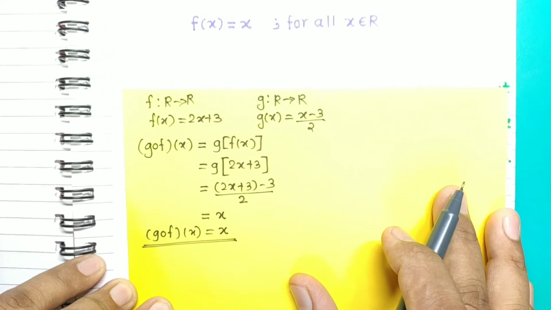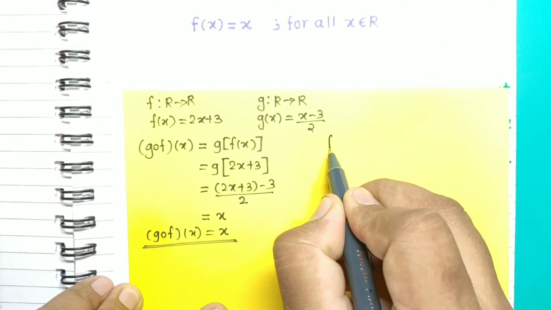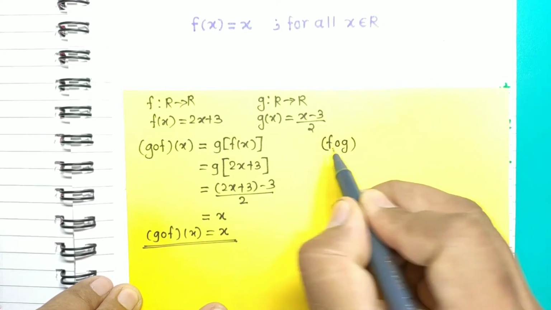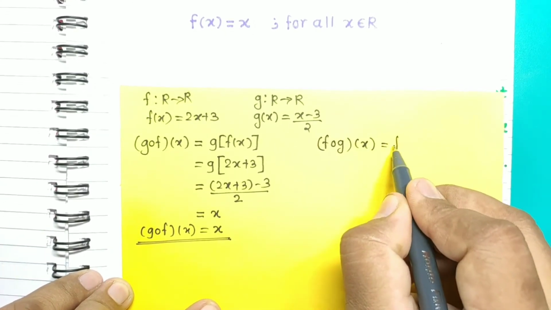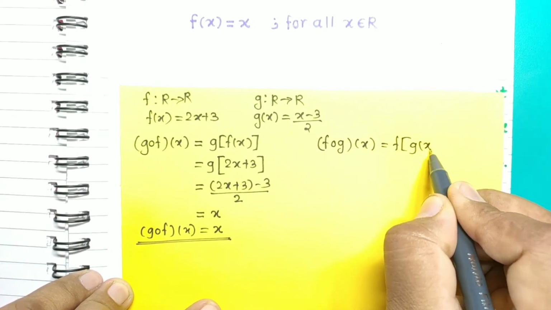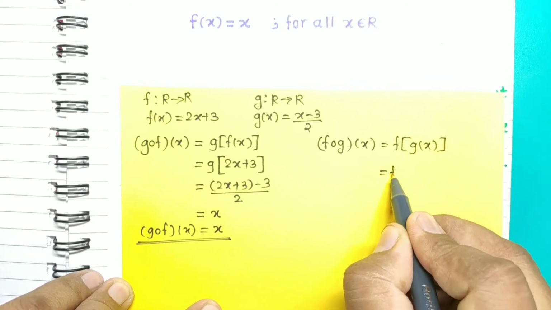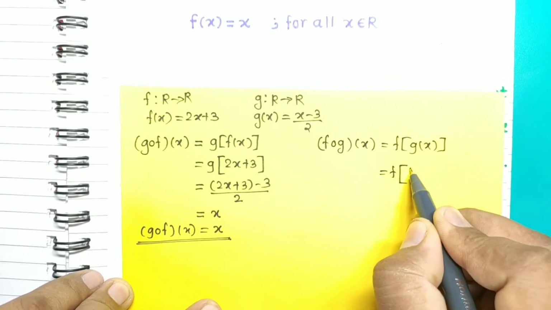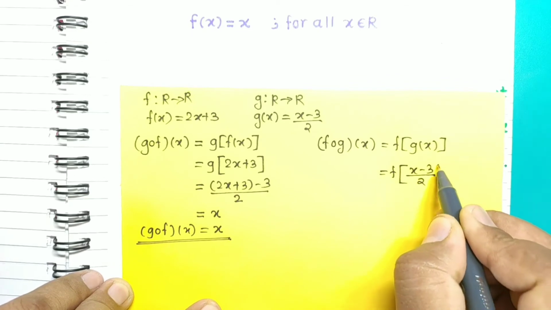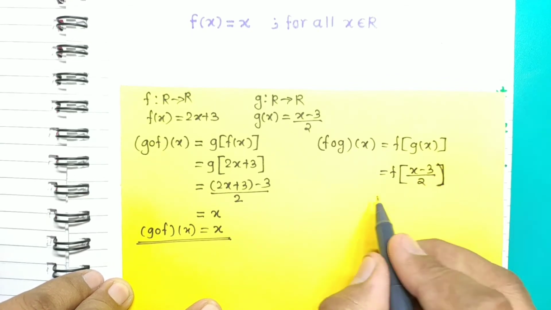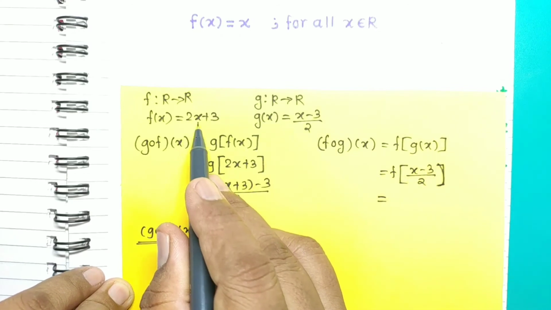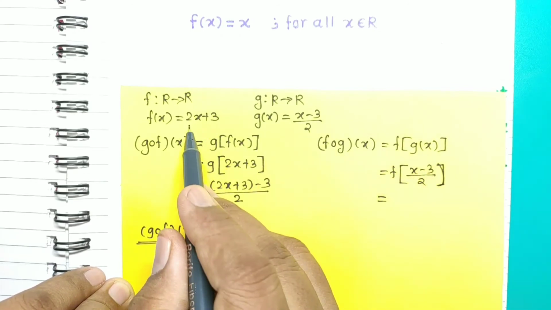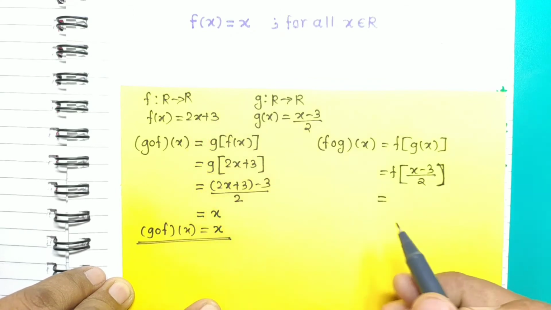Now let's find fog of x, the composition of f and g. fog of x is f of g of x, and we have g of x as x minus 3 by 2. Now f of x minus 3 by 2 is, substitute x minus 3 by 2 here in 2x plus 3.